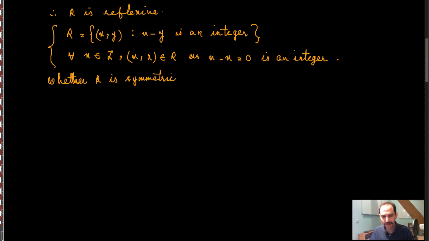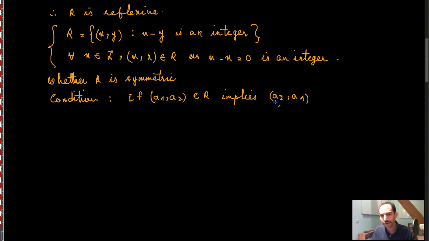The condition for being symmetric was that if A1 comma A2 belongs to R, implies that A2 comma A1 belongs to R, for all A1 and A2 belonging to the set. That is the condition.